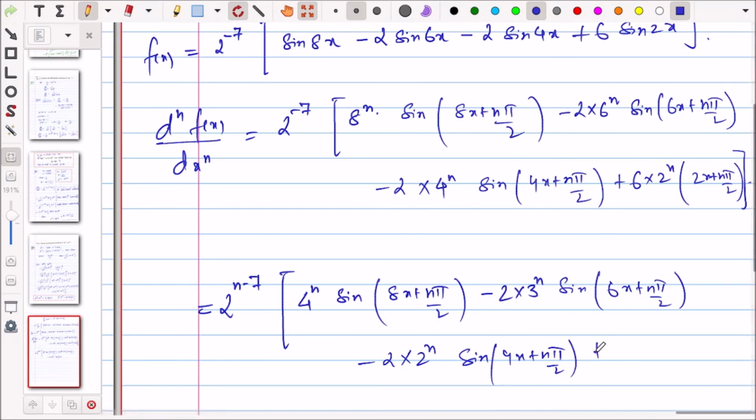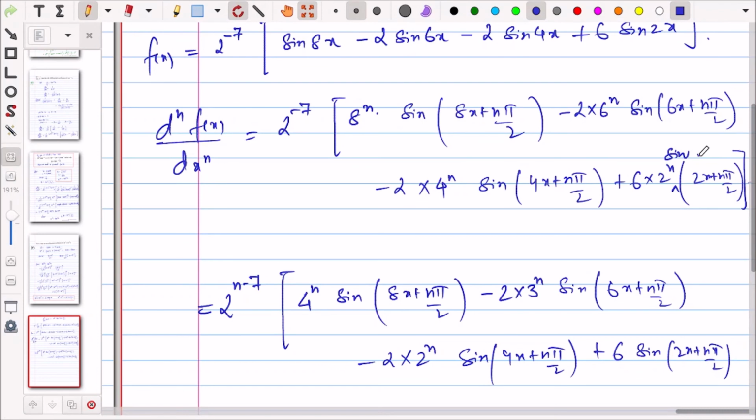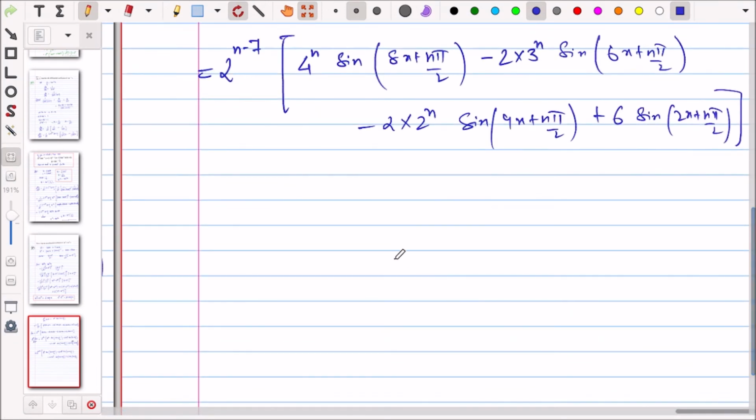And plus 6 sin(2x + n pi by 2). इसमें sin missing है. ठीक है, is it fine everyone? So this is how you can do these questions.